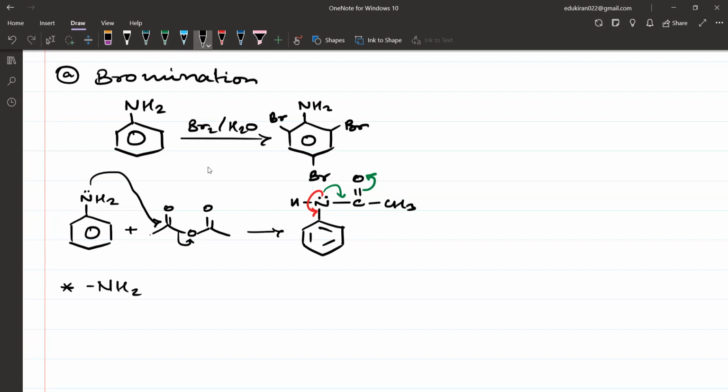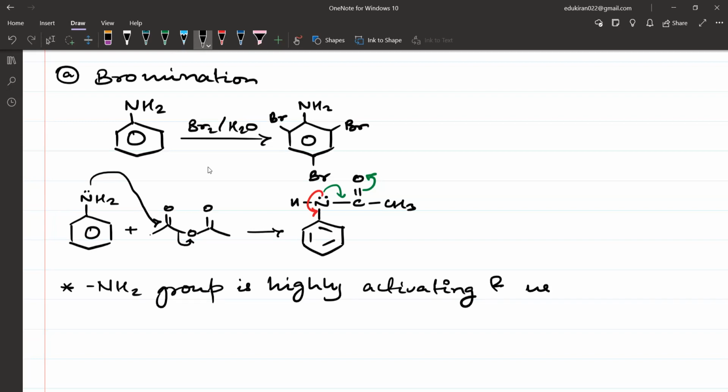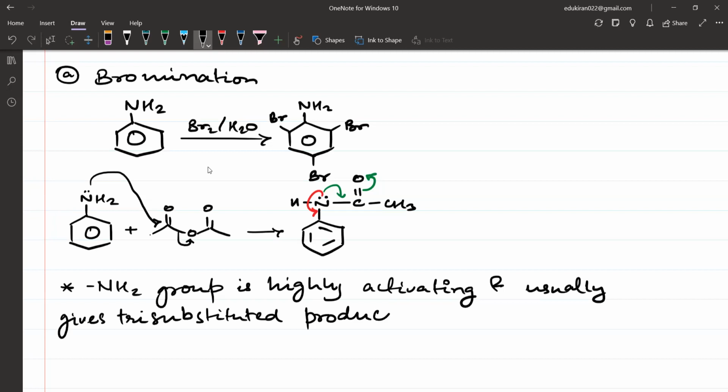First of all, NH2 group is highly activating and usually gives tri-substituted product in electrophilic substitution reactions.